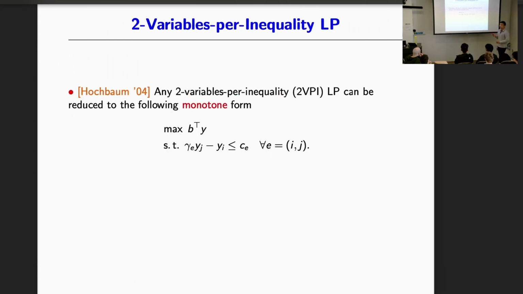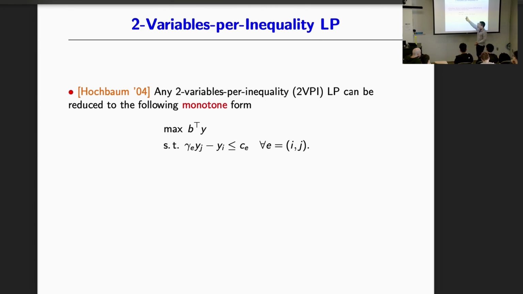Good. So now let's focus on this subclass of LPs with at most 2 variables per inequality. By a well-known reduction of Hochbaum, we know that any 2 variable per inequality LP can be reduced to the following monotone form. What do I mean by monotone?